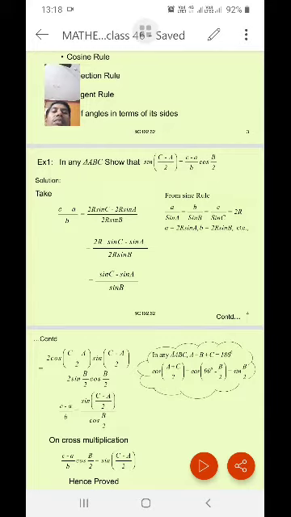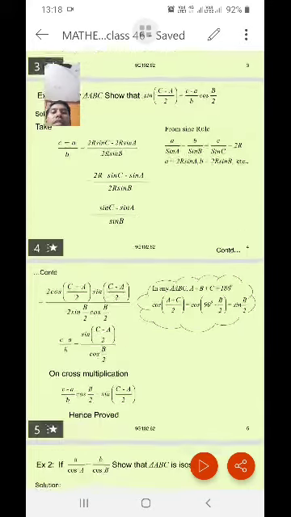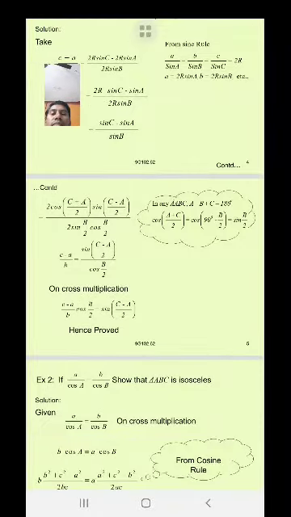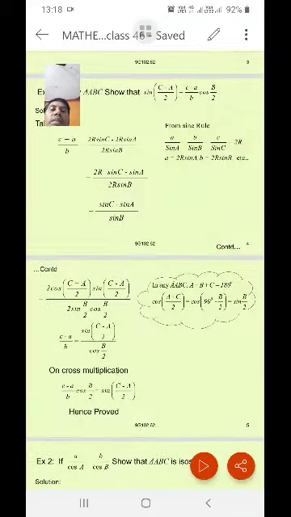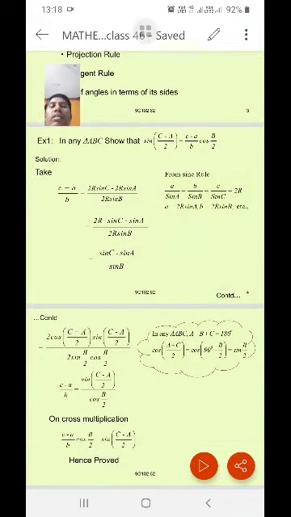So here we have to remember, to show this problem, take (C minus A)/B which is in the RHS. If we simplify from that, we will get the required proof. This type of problems are in our syllabus.